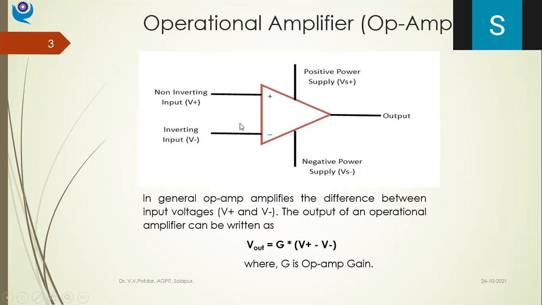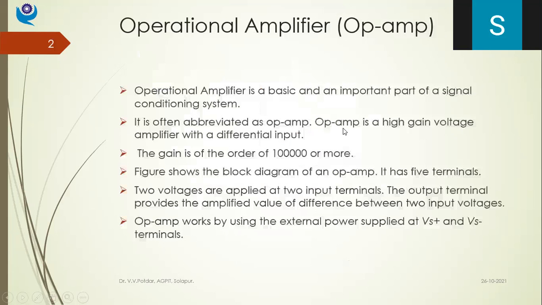The difference of these will be applied as the input, and it will be appropriately processed by the op-amp to give some output. The gain is of the order of 1 lakh or more. What this gain is, we'll see. So it's a high gain voltage amplifier.